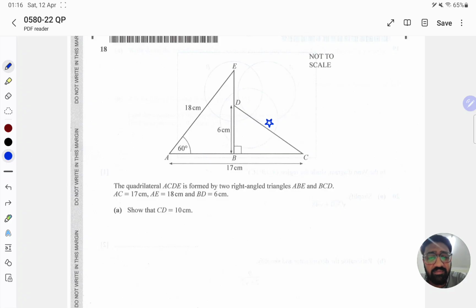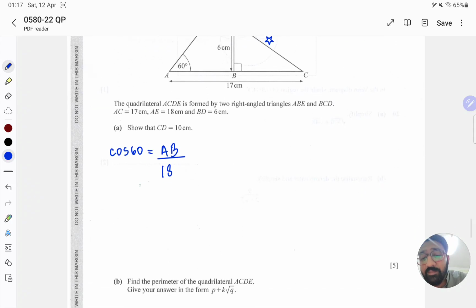I'll tell you why we are finding AB in a minute. This is cos 60, which equals adjacent over hypotenuse. Adjacent in this case is AB divided by hypotenuse, which is 18. Cos 60, which is 0.5, multiplied by 18 equals AB. So the value of AB is 9 centimeters.